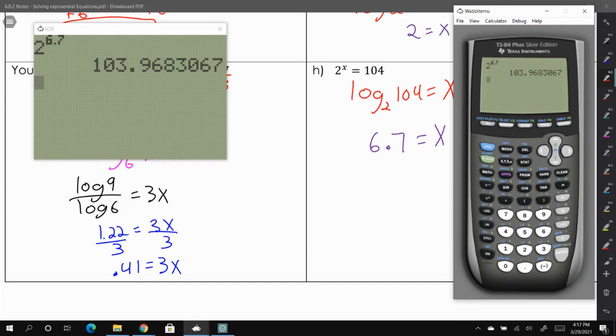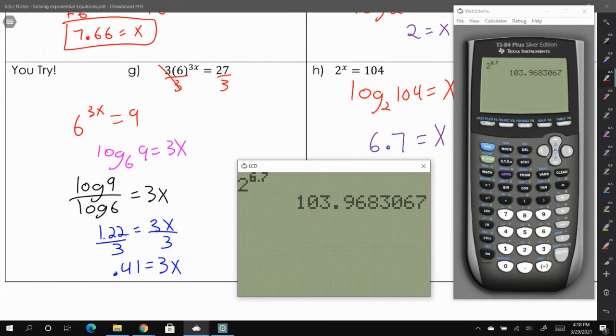Now, you might say, well, it's not exactly 104, but we're pretty close. When I did this problem, I didn't get exactly 6.7. I got 6.700439, and so on. And when I rounded, I lose that information.